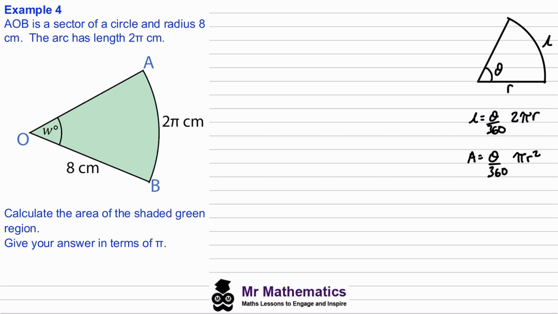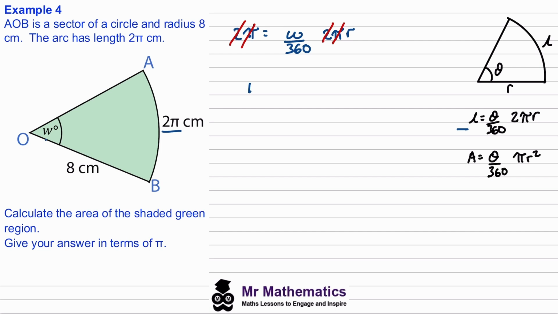Okay, so because we're given this arc length, we'll use L. So 2 pi will equal theta, which we're calling W, over 360 times 2 pi r. Now we can see that this 2 pi will cancel with this 2 pi.